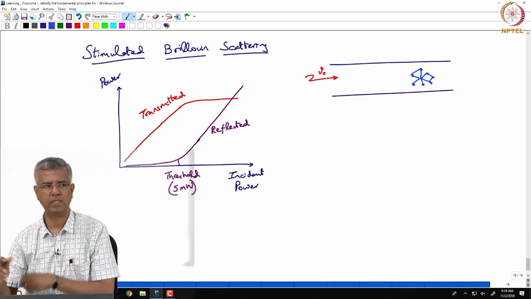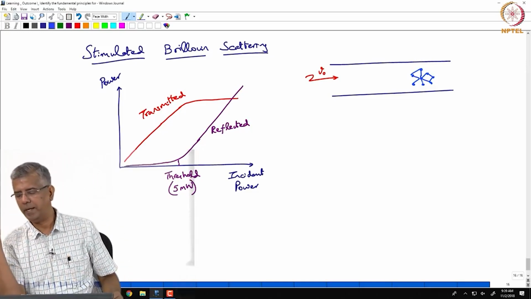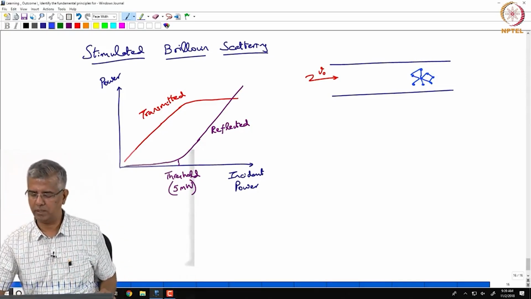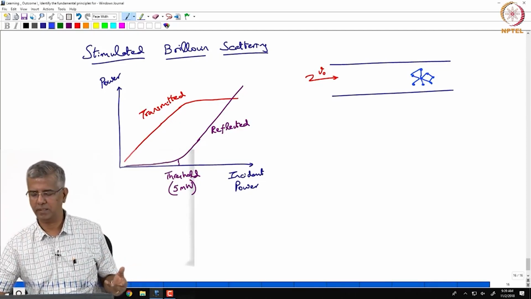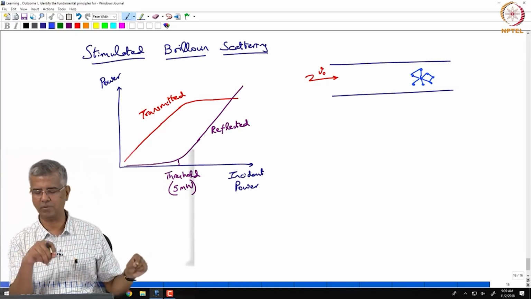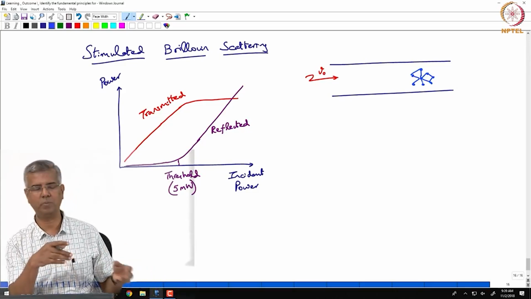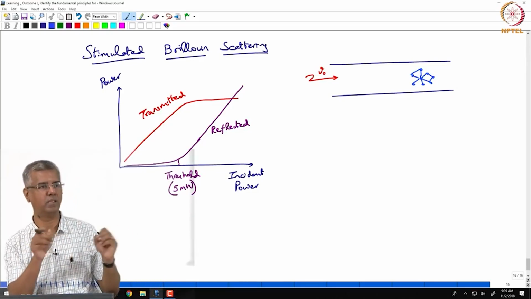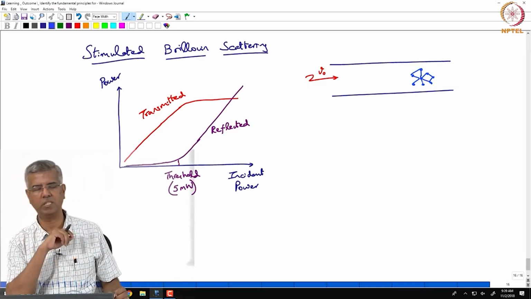So it's a glass network, right? And that network is not at room temperature, it's not static. You look at a fiber and it looks like a piece of solid and that's all static, right? But if you look at the microscopic picture, all these atoms are moving around their mean positions.